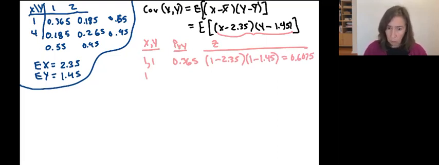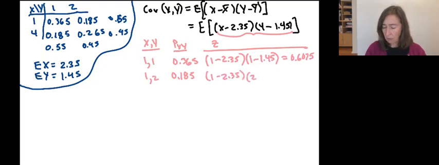When X is 1 and Y is 2, that happens with probability 0.185. And so Z, X is still 1, we've got 1 minus the expected value of X. Now Y is 2, so we've got 2 minus the expected value of Y, and that comes out to be negative 0.7425. When X is 4 and Y is 1, it also happens with probability 0.185.